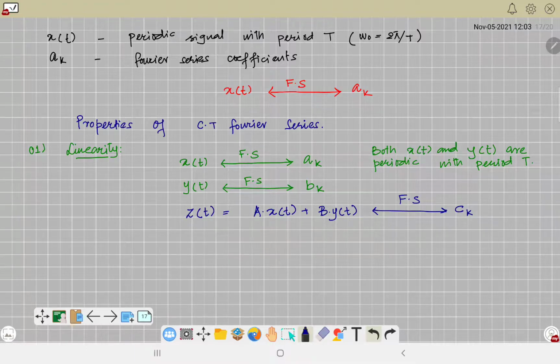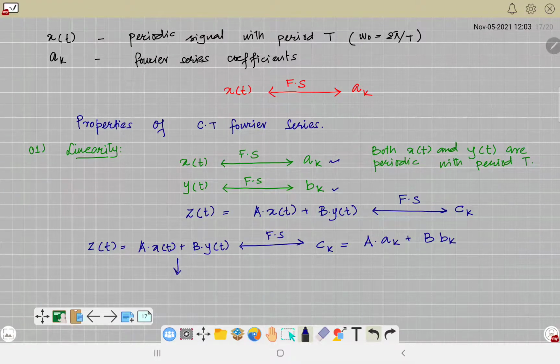Then from the linearity property, it is easily extended that this c of k, z of t has been formed using a linear combination of two periodic signals with the same period, and when we take the Fourier series, it will give a coefficient c of k, which will actually be the linear combination of these two coefficients.